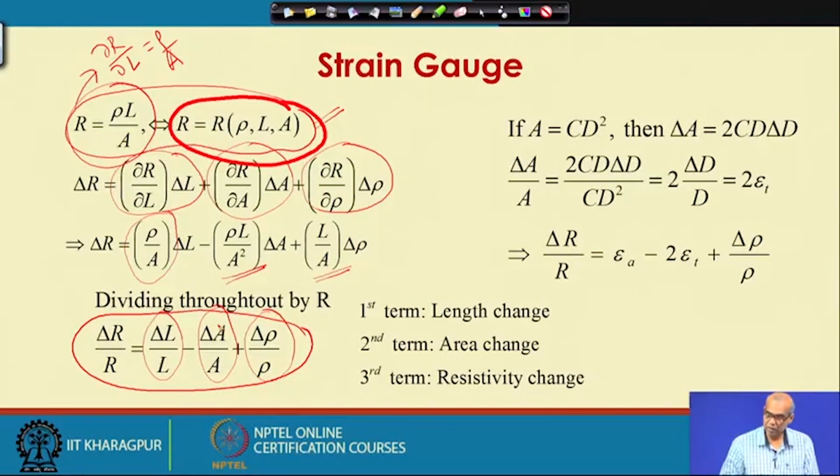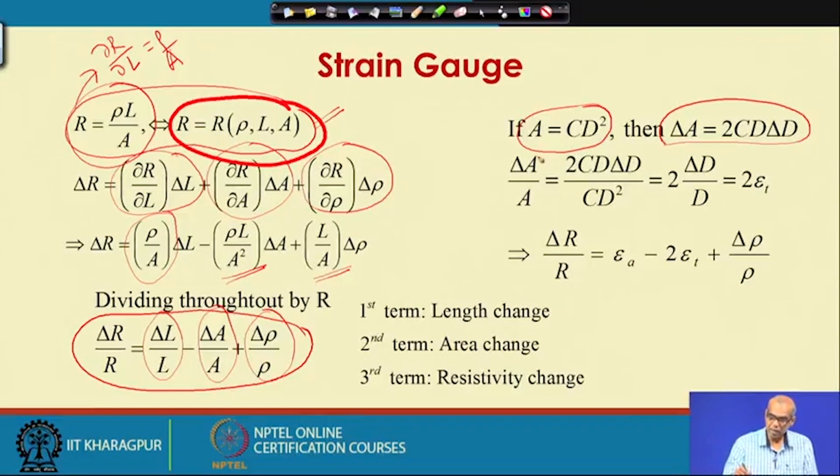Now, let us consider that area A can be represented as proportional to diameter square. So, if I use A equal to some constant c into d square, it is like A equal to pi d square by 4, then I can calculate delta A as 2 c d delta d.